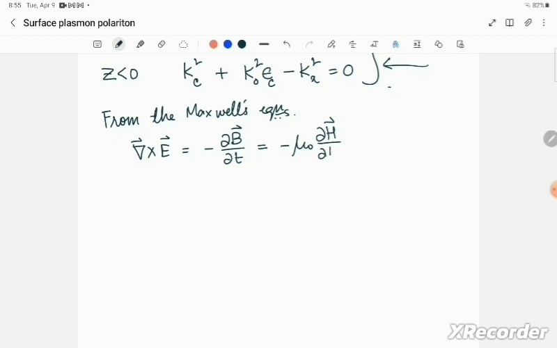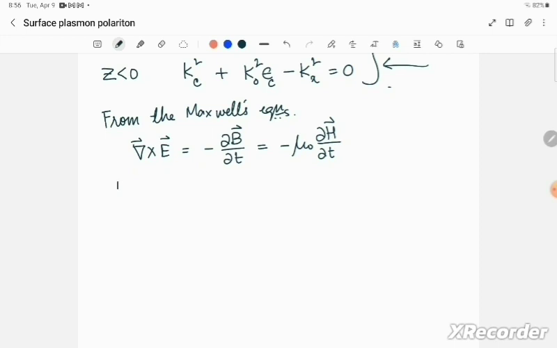We'll write everything in terms of E and H. This is one relation, and of course there's the other one in the form of curl of H, which we will come to a little later. Now from these relations, we will break up into the various components, the x cap, y cap and z cap components.